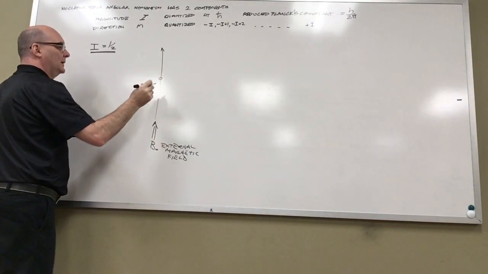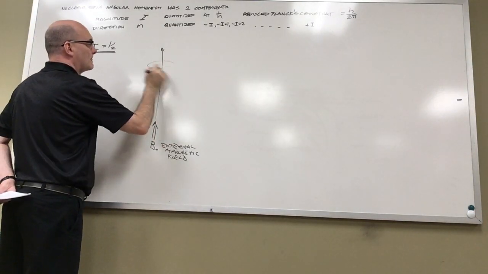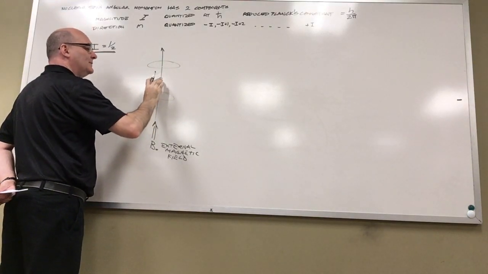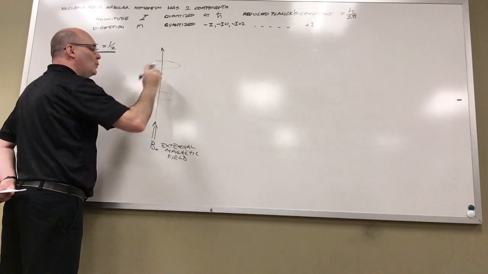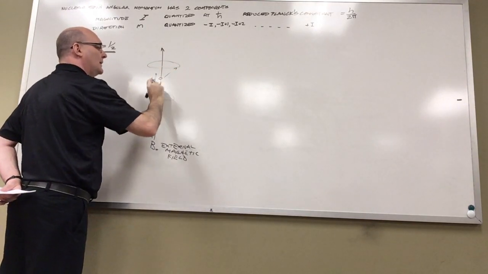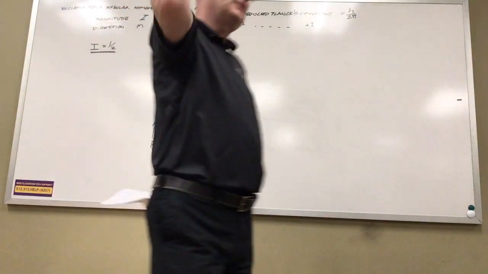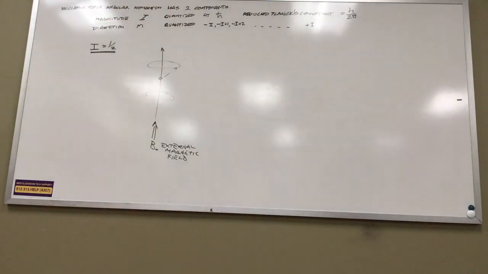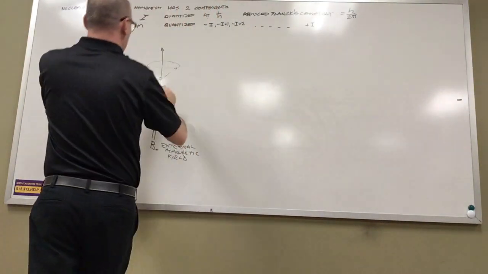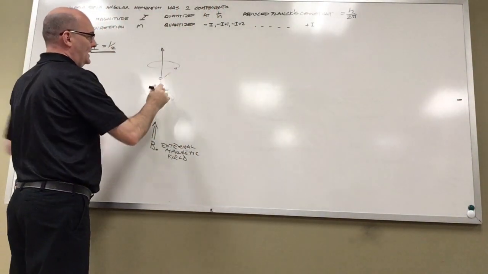I have a nucleus here. And we will talk about having the electrons point and precess like we did a week ago. That's going to set up its own little magnetic field.